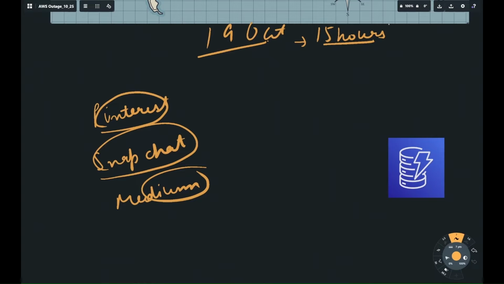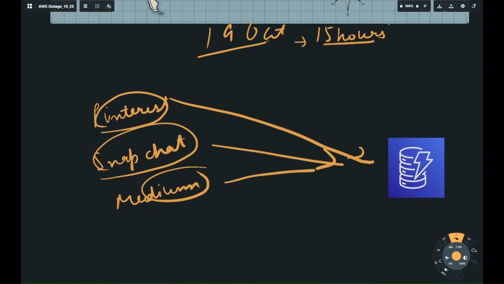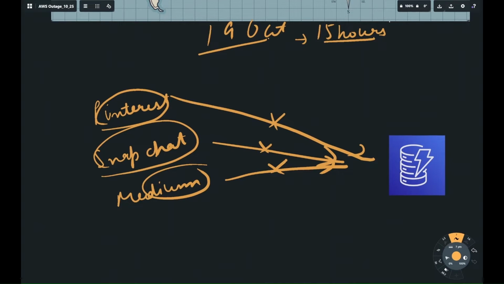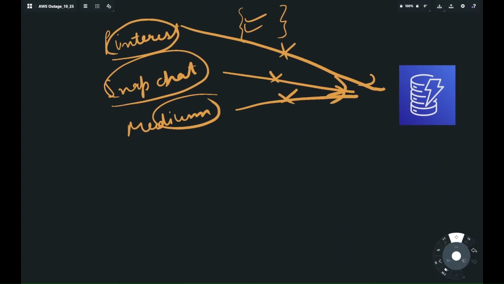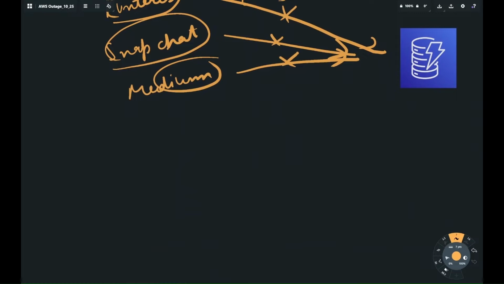Now, the primary reason for the services impact was that they were not able to connect to the DynamoDB. They were not able to establish the connection. Now, we will discuss what was the primary reason that why they were not able to connect to this DynamoDB server. So for this, let's discuss how they generally connect.